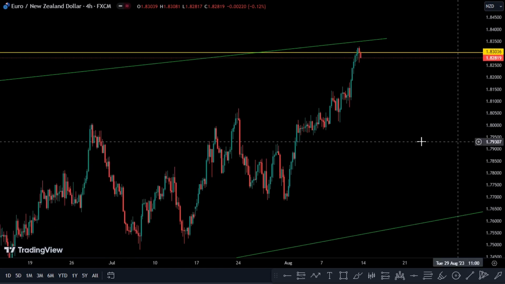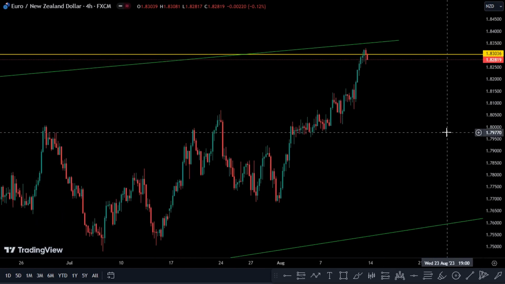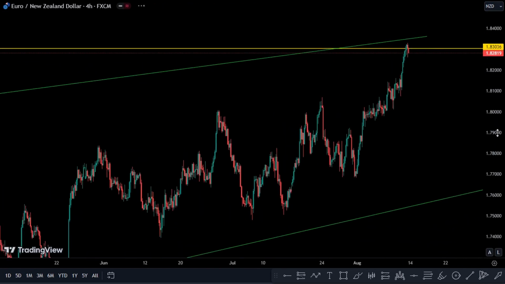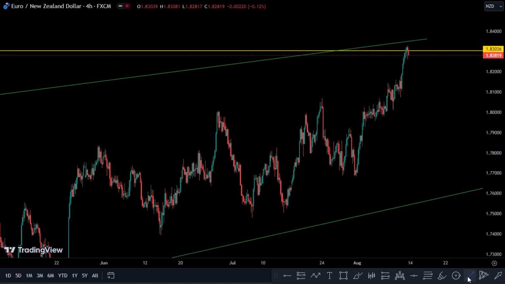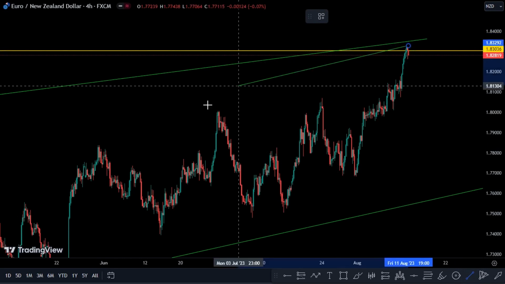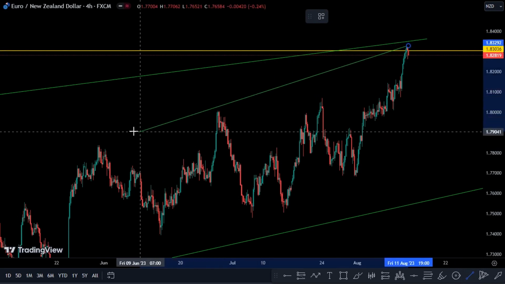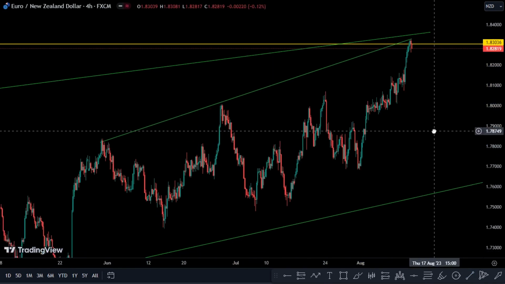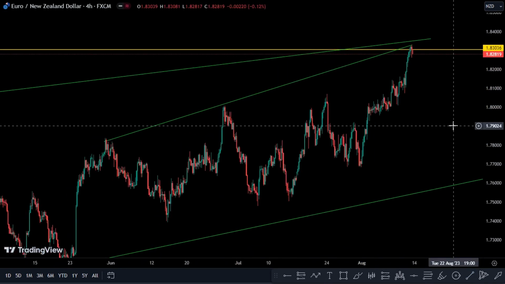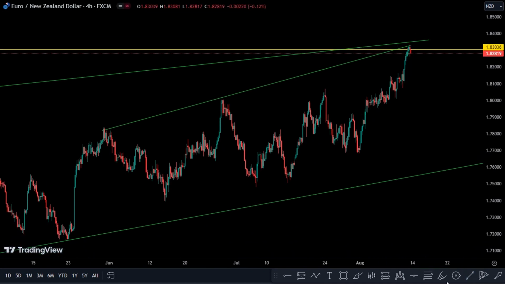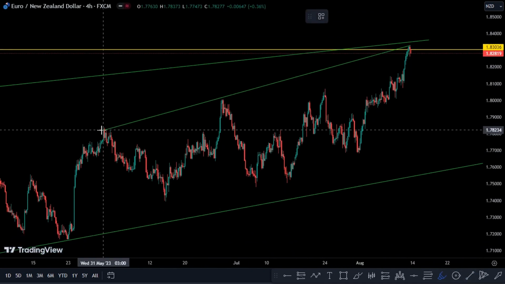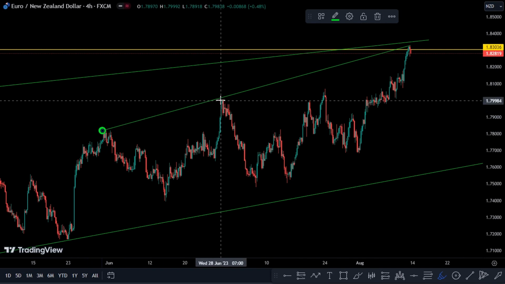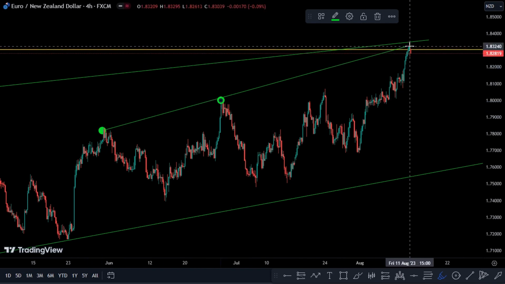Okay, and now we are on a 4-hour time frame. We can see this market also, and we can also see this structure. So now we are having a pattern within a pattern. We can see that was a first touch, second touch, and then third touch.